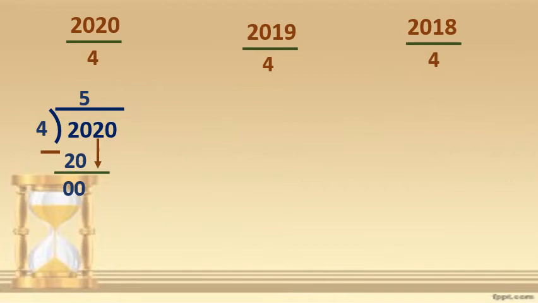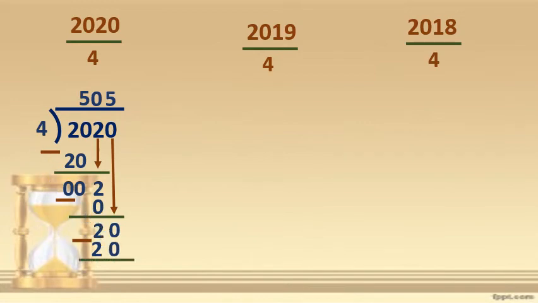Now we will take this 2 down. 2 is smaller than 4, so not going. So we will take 0 up, and here I will take 0 minus. Now 2 remained. Now I will take this 0 down. Again it became 20, so 4 5s are 20.